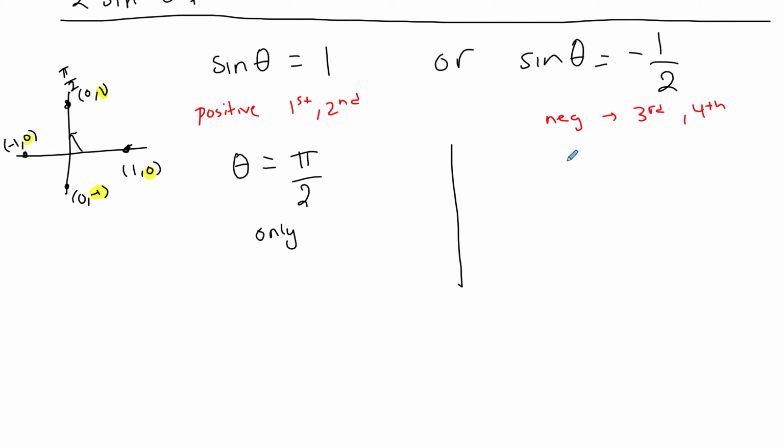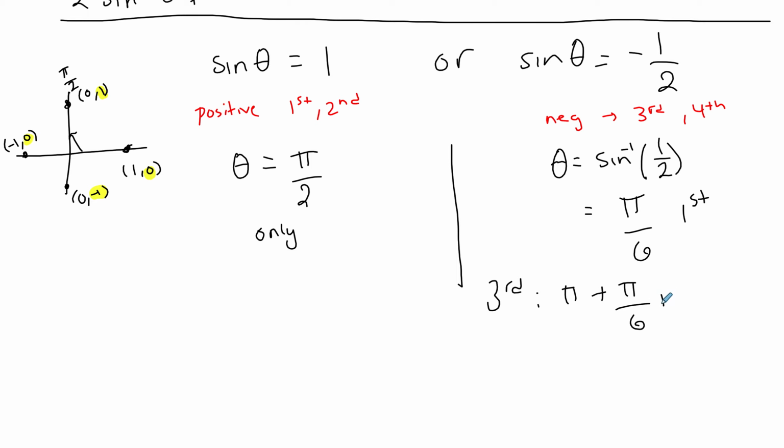And then we come to here, and the way to solve this, as I've mentioned before, is you can either do it for a positive or a negative. I'm going to do it for the positive just to get the associated angle, so the acute angle. So this will be pi over 6, but this is the first quadrant. To get in the third quadrant, I'm going to take pi and add pi over 6 to it.